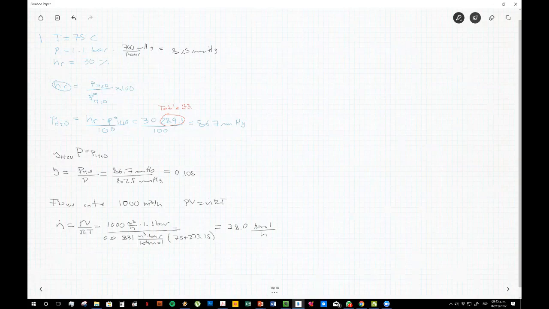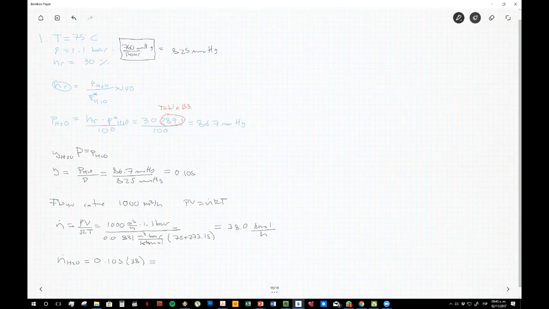So now we can obtain the amount of water because we have the molar fraction of water. Sure, I have a doubt. Yes. How did you convert 1.1 bar to millimeters of mercury? It's over here, at the top of the screen. It's the relation. Yeah, okay. Thank you.